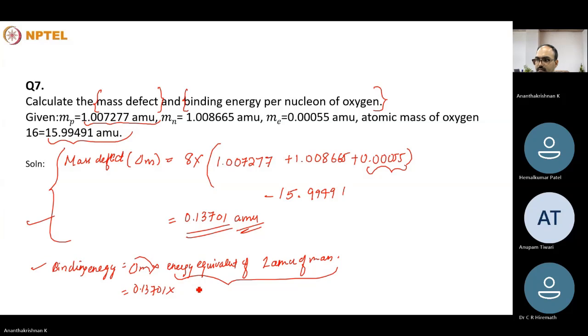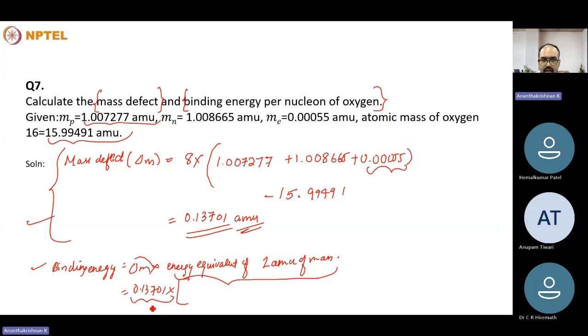Basically, delta E is equal to mc squared. We have to consider the velocity of light as 3 into 10 power 8, and determine the conversion of 1 AMU to kilograms. That will give the total binding energy.